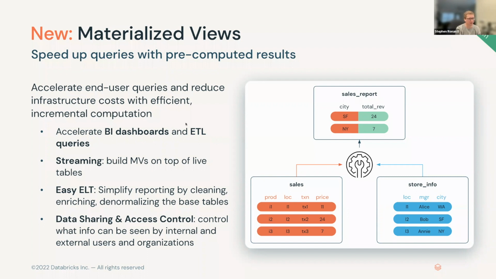So here's what I mean. If you've got a sales table and you've got a store info table, and those tables make up this sales report materialized view, when these tables are updated, this materialized view at that point in time will automatically update, right?